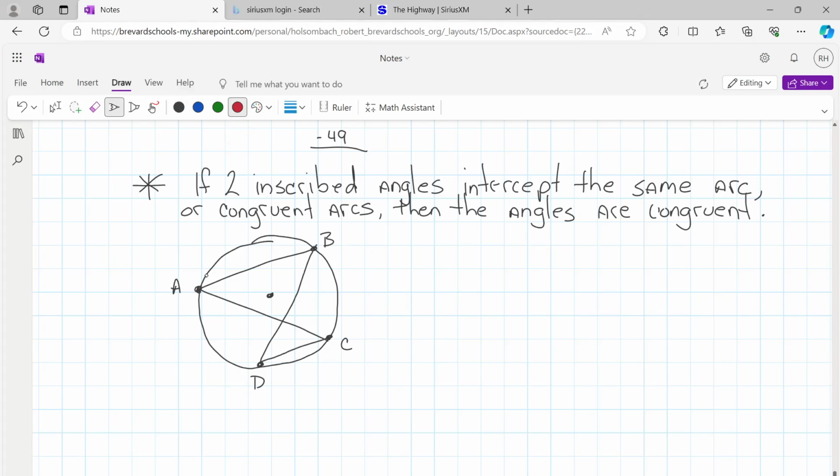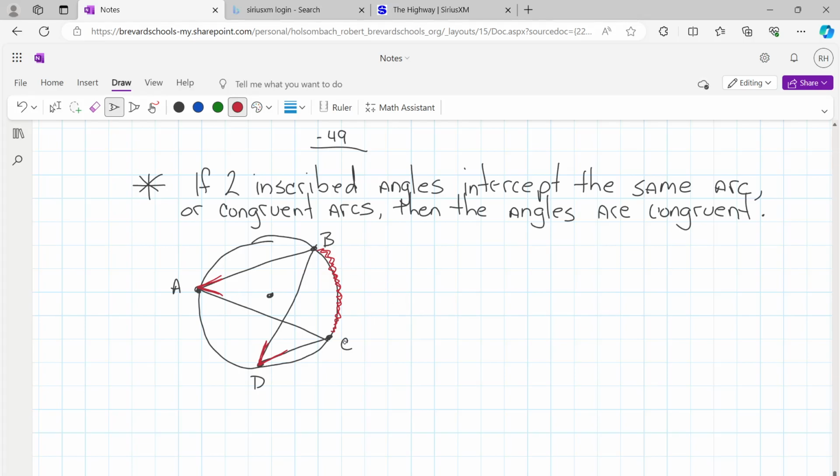Well, what you have now is both angles. Angle A intercepts arc BC, and angle D intercepts arc BC. So if two inscribed angles intercept the same arc or congruent arcs, then the angles are the same.